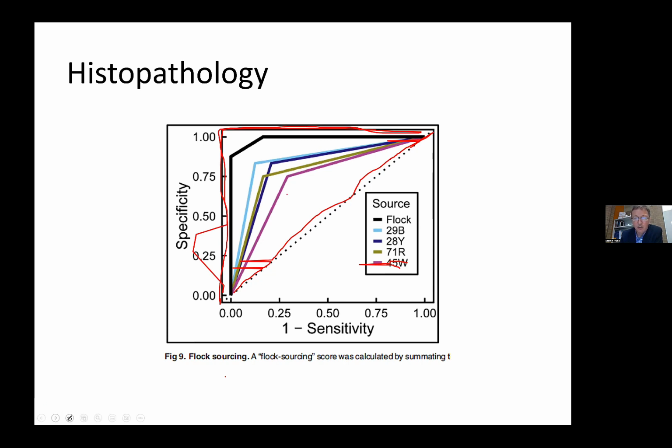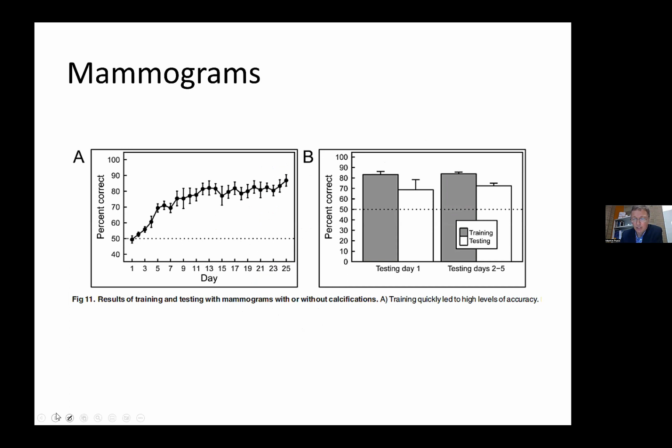And so this ROC curve is not as good as the flock ROC curve you can see up here on the top left, highlighted in bold there. So again, that was for the histology. For the mammograms, again, a learning curve with fast initial learning that plateaus off.